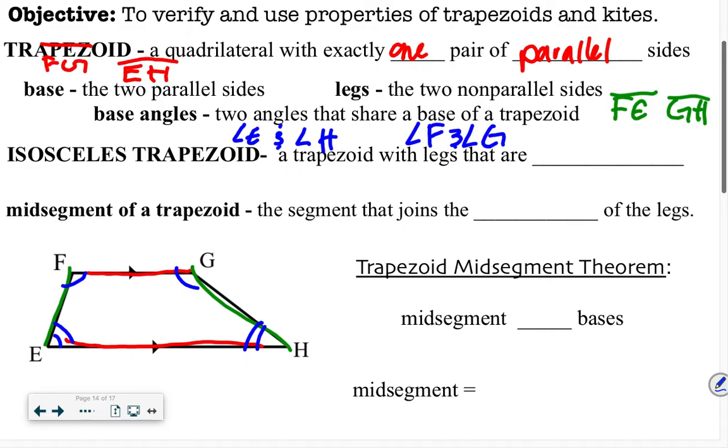Okay, in an isosceles trapezoid, our legs are what? Congruent, the same, equal. A mid-segment joins the what of the legs? A midpoint, good.